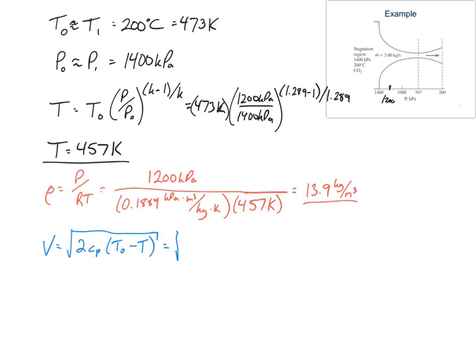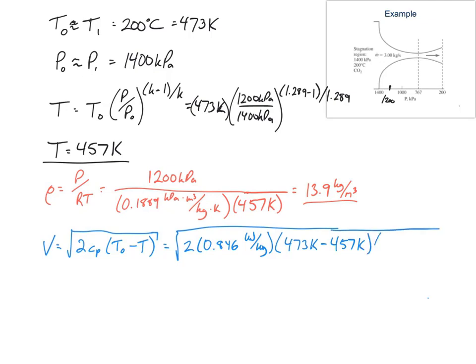So again, we have the square root of 2 times, using constant specific heat, in this case 0.846 kilojoules per kilogram Kelvin. And then the temperature: the stagnation temperature is 473 Kelvin minus what we just calculated for the state, 457 Kelvin.